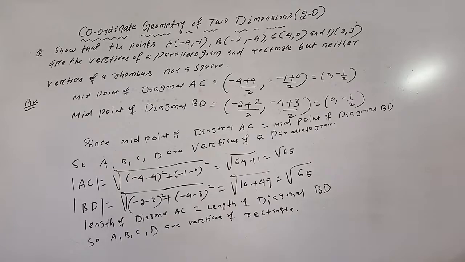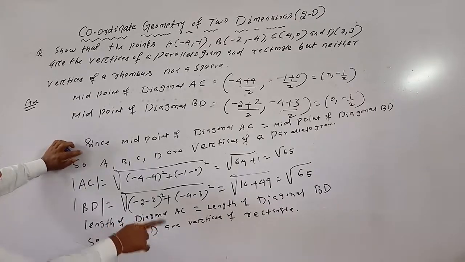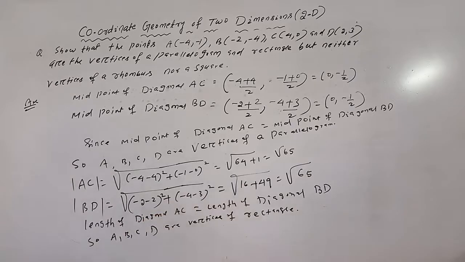And the midpoints of diagonals are equal. First you have to show a parallelogram, then next we show that it is a rectangle. But why will it be neither a rhombus nor a square?